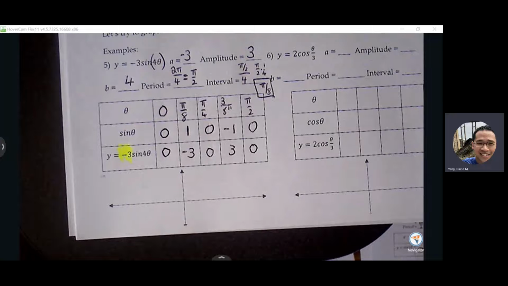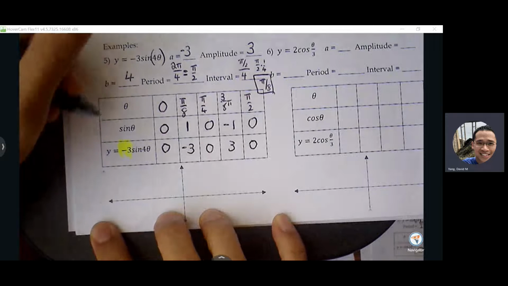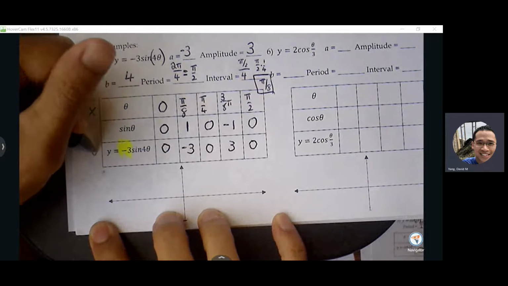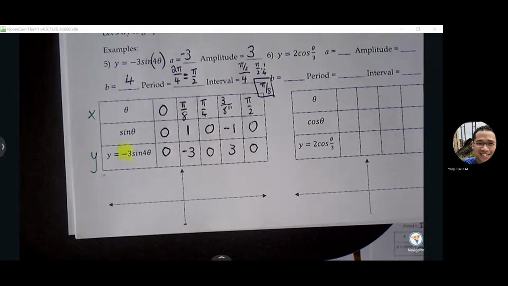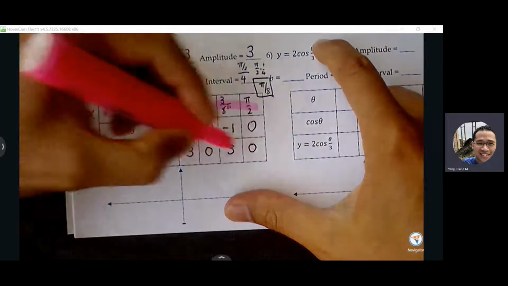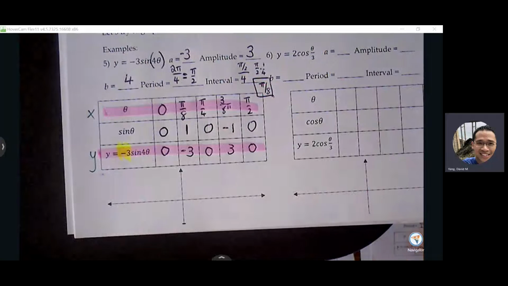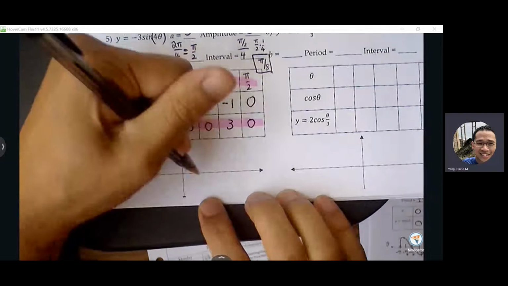So now if we're going to graph these ordered pairs, you're going to ignore the middle one, because the middle one was just a stepping stone to get to that third row. Now that we have our third row, we're going to rely on our first row and our third row. Our first and third row will give us the ordered pairs that we need. So make your tick marks.